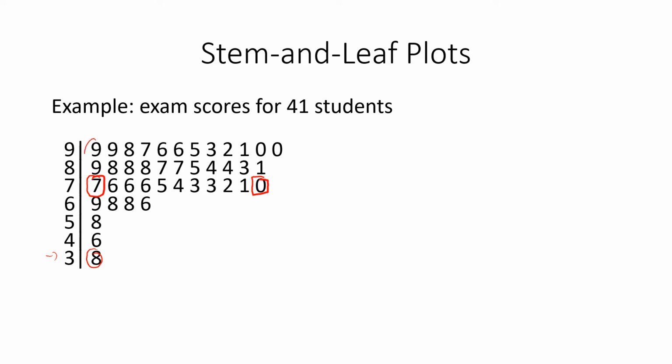Like for here, this is a 99, 99, 98, 97, because you take the number that's before and put it with the number that's after. And then this is handy for displaying scores like this on an exam, when you're displaying a lot of things that have at least 2 digits.